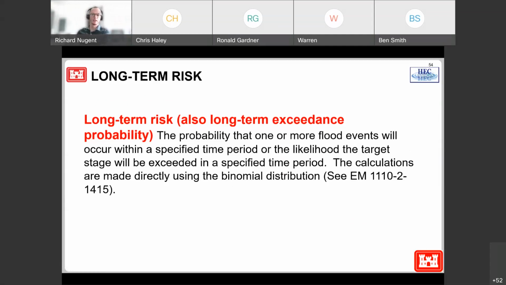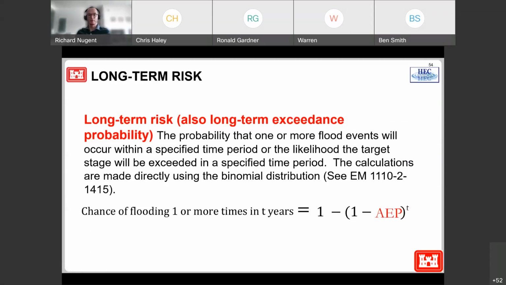The calculations are made directly using the binomial distribution. So this is just 1 minus the complement of AEP to the power of the number of years. And that gets us the chance of flooding one or more times in T years.